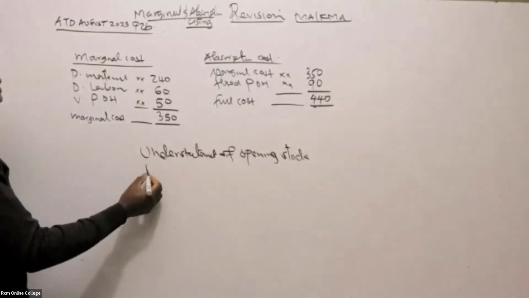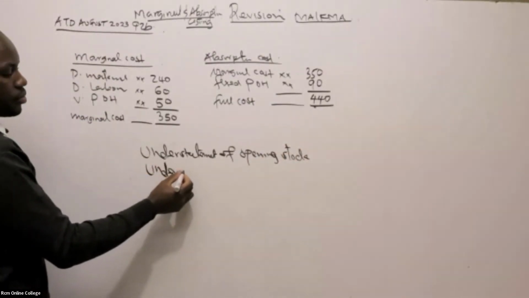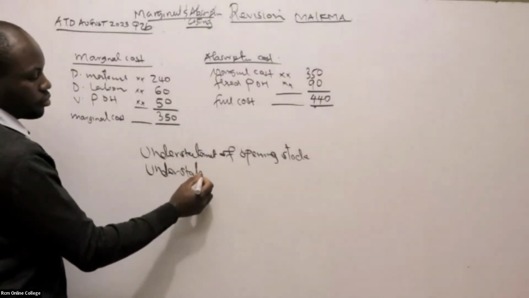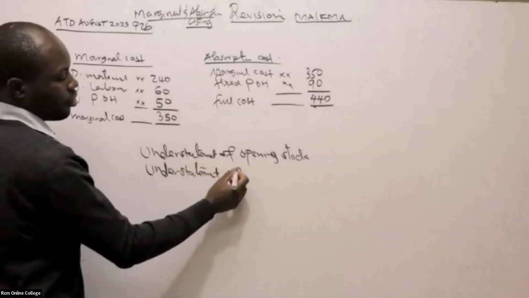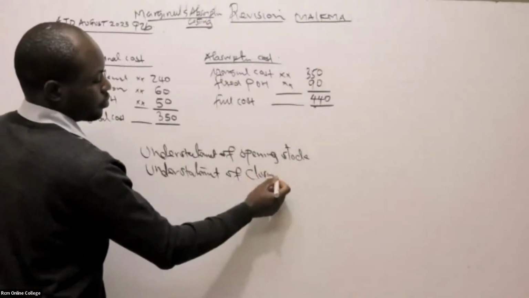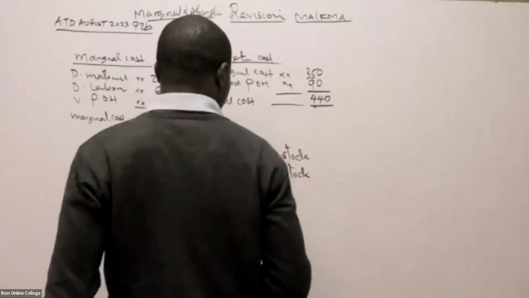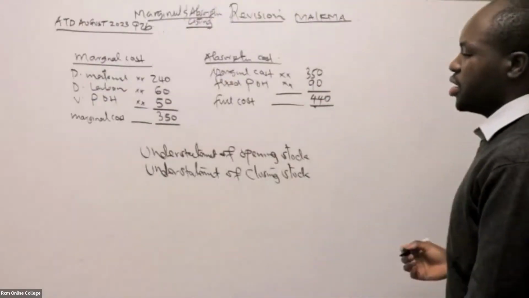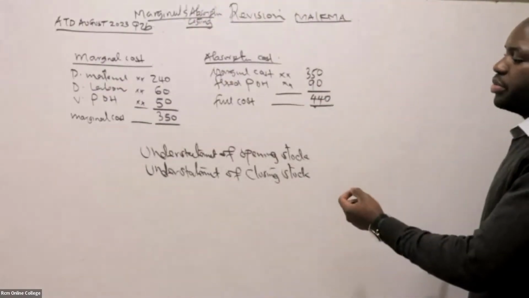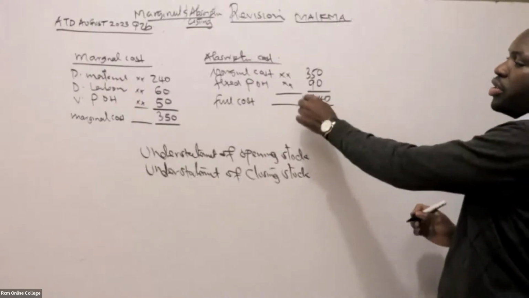Number two, understatement of closing stock. Understatement of opening stock and also understatement of closing stock. Why the understatement? The understatement will come as a result of this difference.